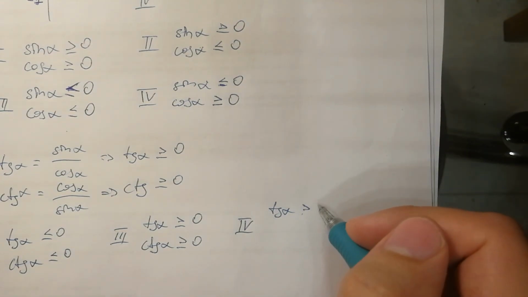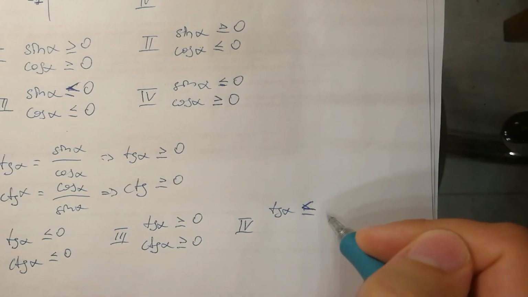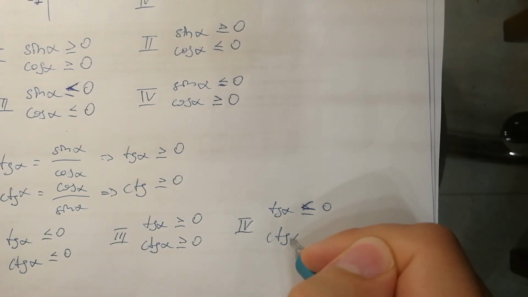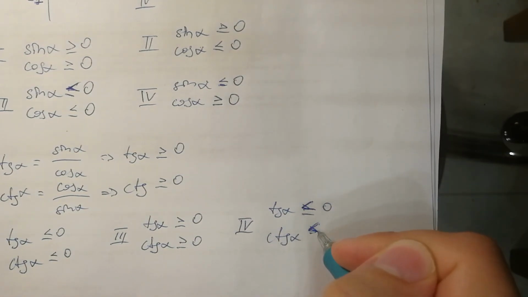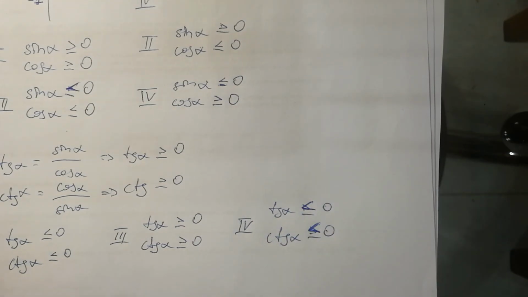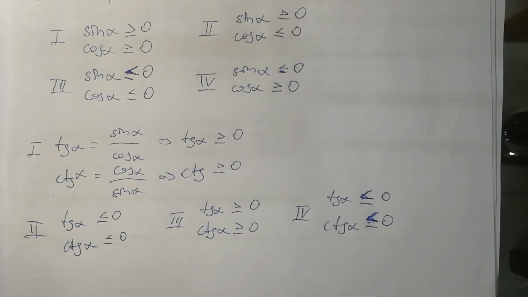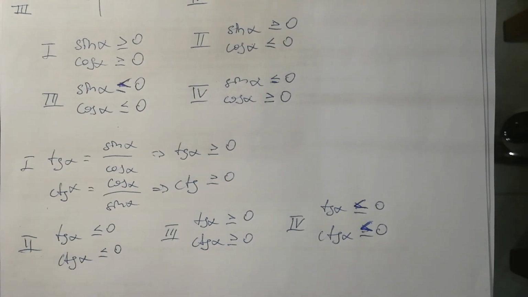This means that tangent alpha should be less or equal to 0 and cotangent alpha less or equal to 0. That's all. There is no magic, just logic.